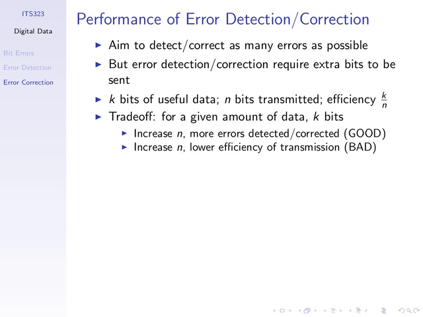Increasing n increases our error correction and error detection capability, but increasing n decreases our efficiency. If k equals 2 and n equals 10, efficiency would be 2 out of 10. That's a decrease compared to here, but we could detect and correct more errors.